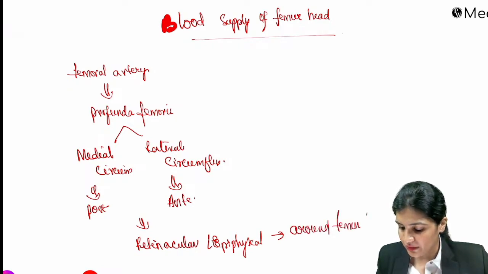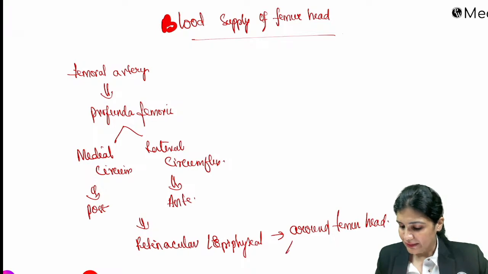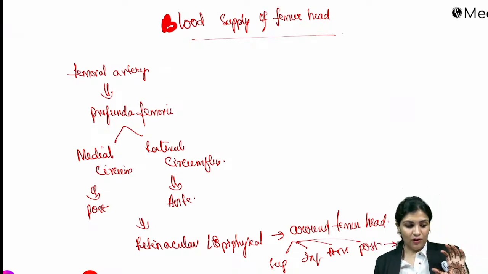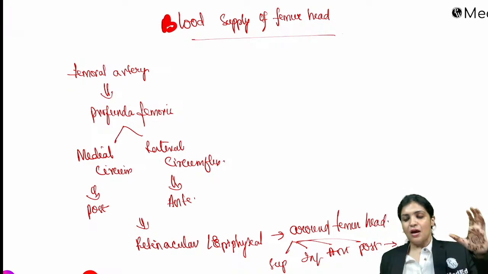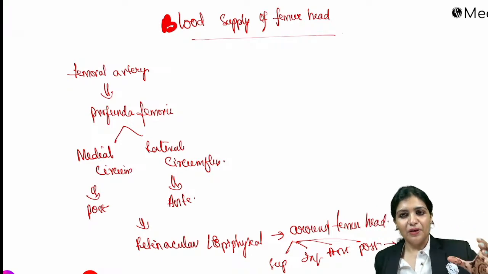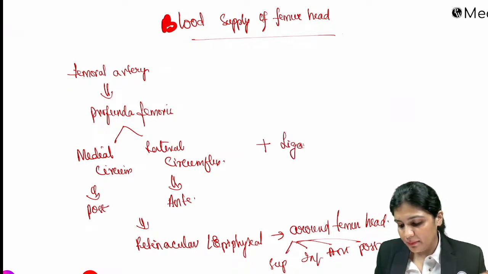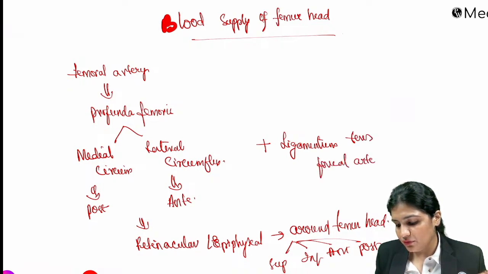They're present around the femur head, like the superior, the inferior, the posterior, and the anterior. And now this will supply the femoral head, so there are lateral epiphyseal arteries, posterior epiphyseal arteries, superior and inferior epiphyseal arteries. Along with this, you have one more, the ligamentum teres or the foveal artery. Right, so this is the blood supply of the femoral head.